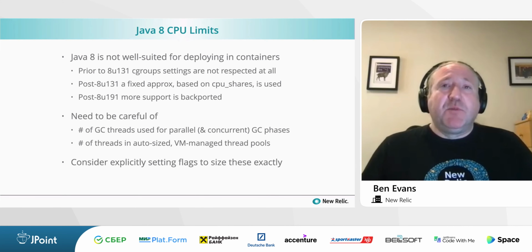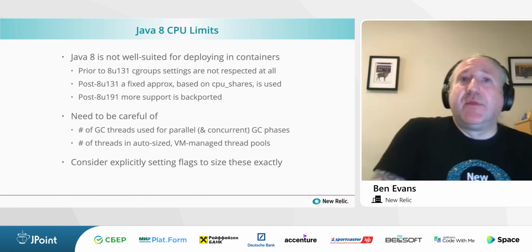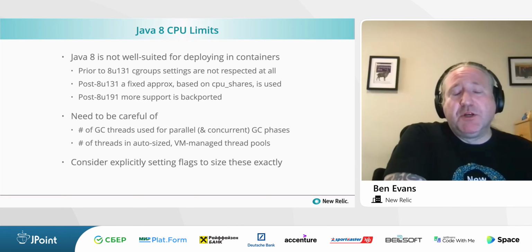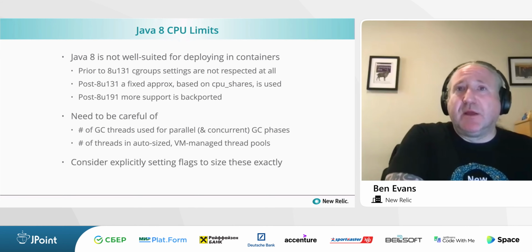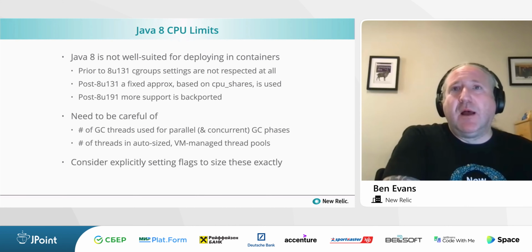And the two places where this comes up are the GC threads and the number of threads for VM-sized, VM-managed thread pools. Now, this is the thread pool that's used by a lot of internal operations within the VM, notably things like parallel streams, which use a VM-sized thread pool.